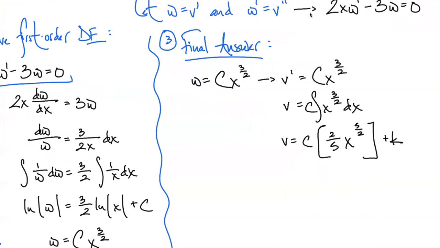One thing I want us to notice is that c and 2/5 are both constants. So as weird as this is, we can actually write this. It's not that the 2/5 went away, it's that we're absorbing it into the other constant. Similarly, we are absorbing the impact of that little k into this constant.